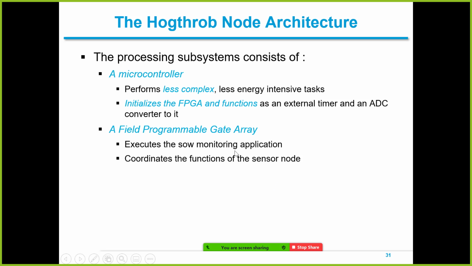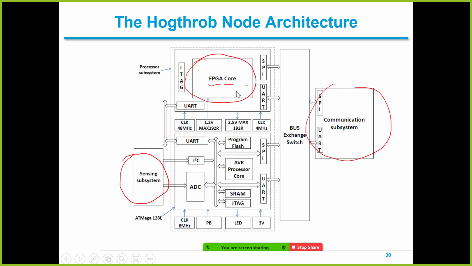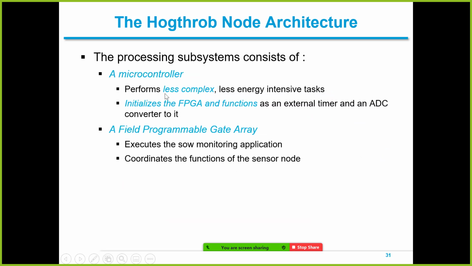For this one, besides this FPGA core, it also has another microcontroller. So where is the microcontroller? Oh, here. We have also a microcontroller here. Both of them compose the processor subsystem.